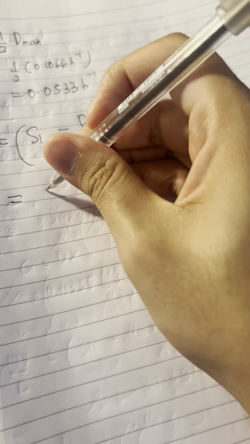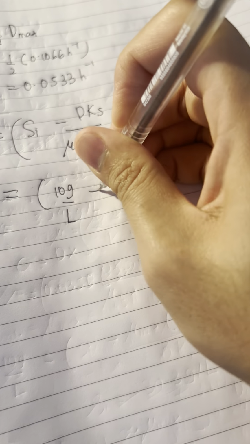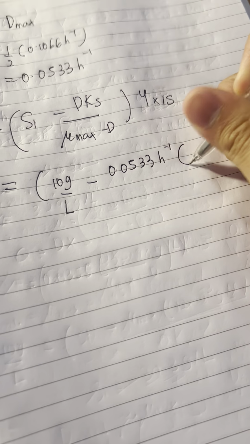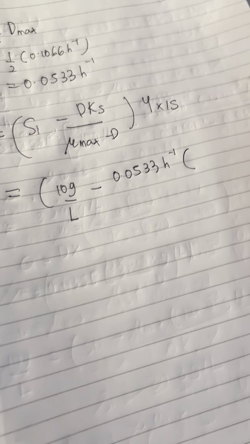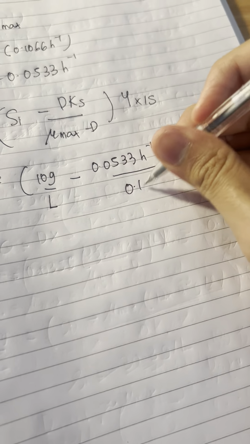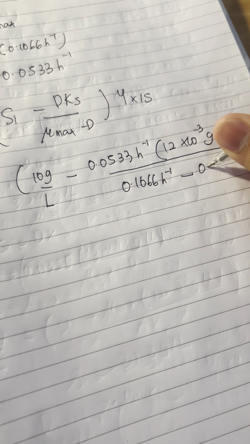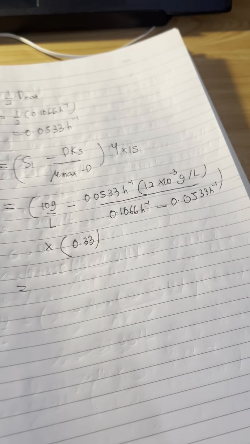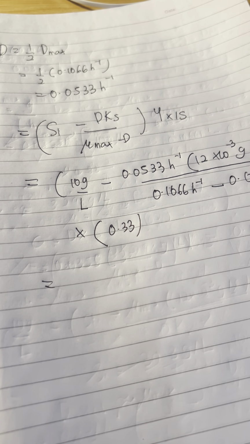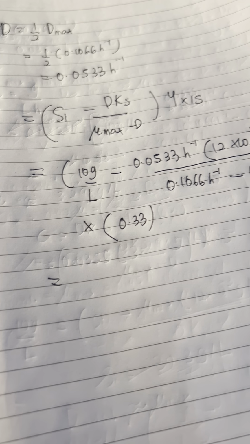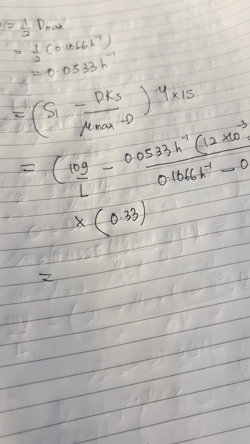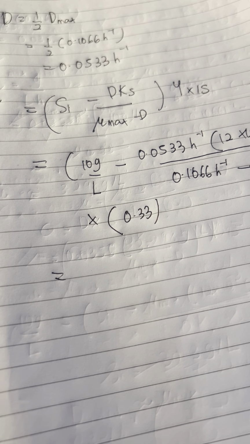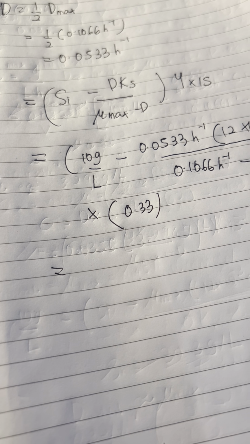Here Si is 10 gram per liter, minus 0.0533 per hour multiplied with 12 milligram per liter, times mu max from the original, 0.1066 per hour, minus 0.0533 per hour, multiplied with the yield given, 0.33. Do the calculation.